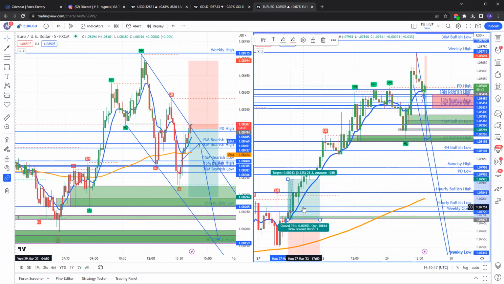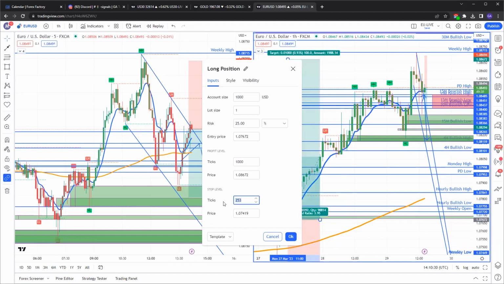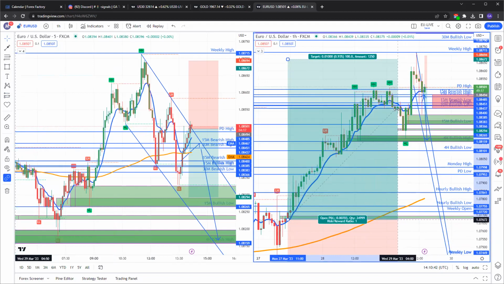So this movement, so this is around, what is this?